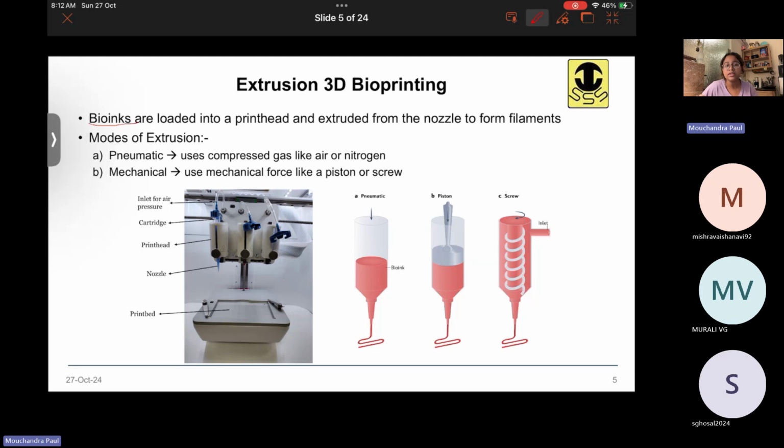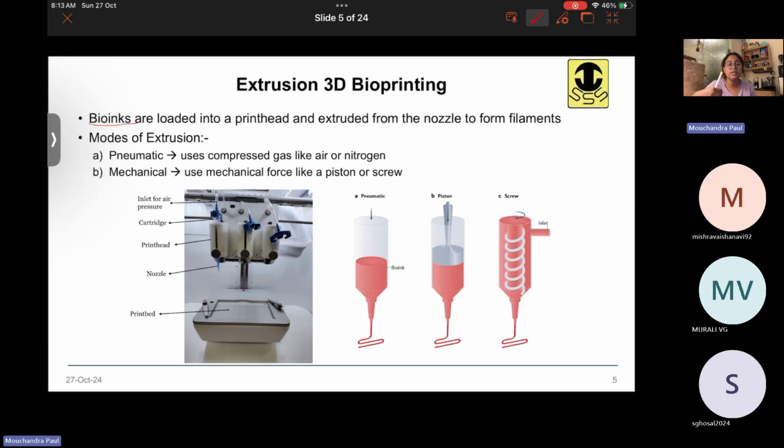In daily life, if you use a syringe and load it with something like clay, and then push it really hard manually, you will see that the clay is depositing on the surface like a thread. So that's the process of extrusion. Even when you make jalebi, right?